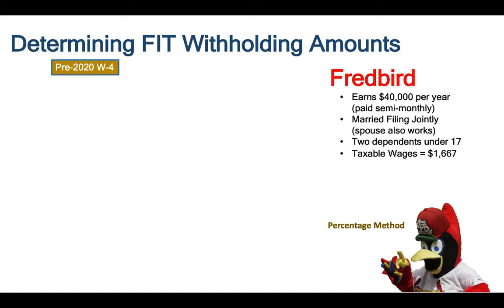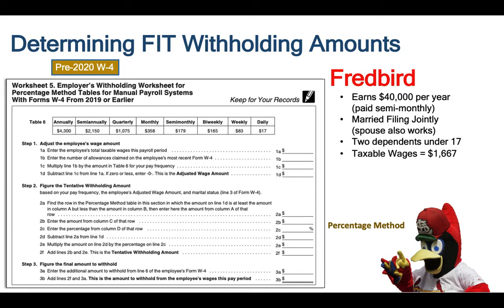If we look at the pre-2020 percentage method, we have Worksheet 5. Worksheet 5, again, is the employer's withholding worksheet for percentage method tables for manual payroll systems with forms W-4 from 2019 or earlier. So line 1A under step 1, enter the total taxable wages, $1,667.